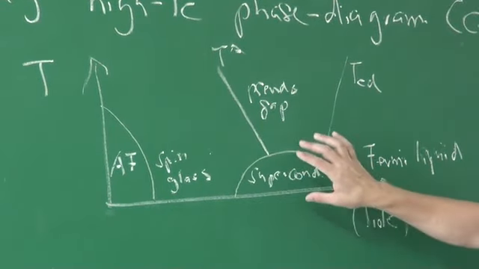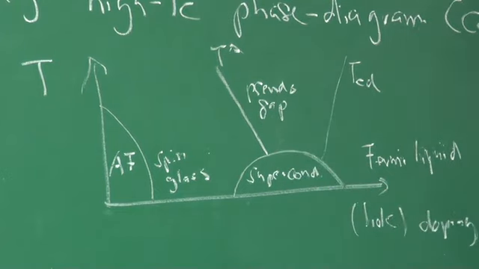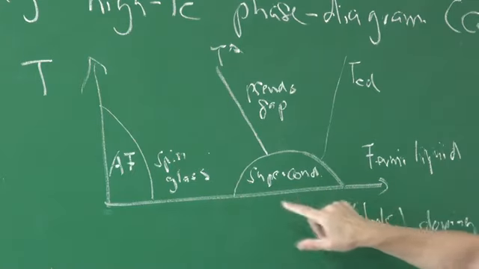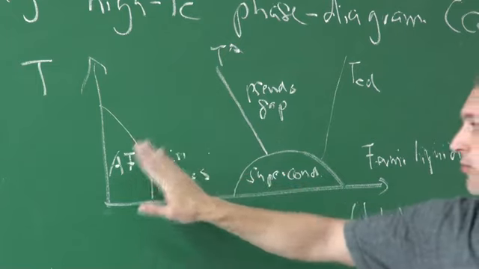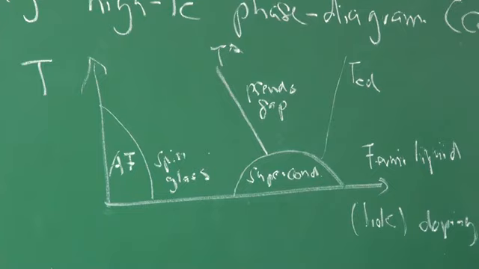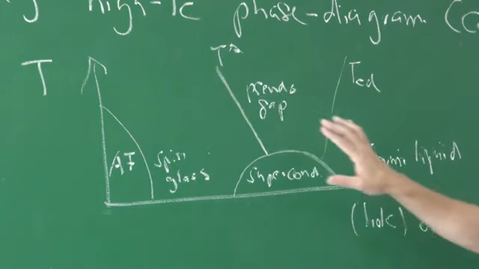Here, for example, you really want to understand what is driving the superconductivity in these cuprates by doping. Since you start out from an antiferromagnet, you may think that the spin fluctuations can somehow drive the superconductivity, but it's not as simple as that.